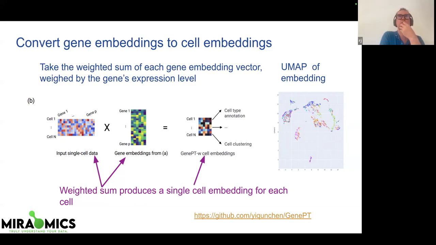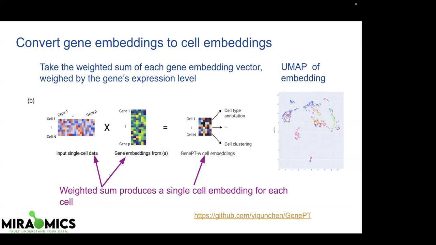There is a sense in which the direction that the cell is pointing will be like the aggregate of the scientific literature about all the genes for this particular cell. Does that make sense? I mean, it's a little bit abstract by its nature, but that's the way I think about it. That makes sense.